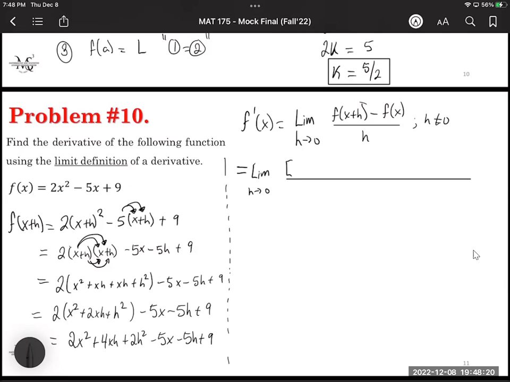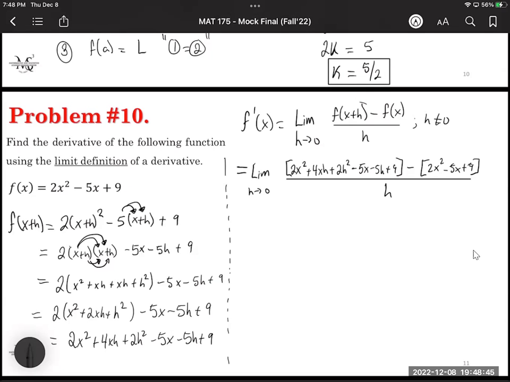So we have in brackets, 2x squared plus 4xh plus 2h squared minus 5x minus 5h plus 9, close the bracket, minus the original function, 2x squared minus 5x plus 9, all divided by an h.